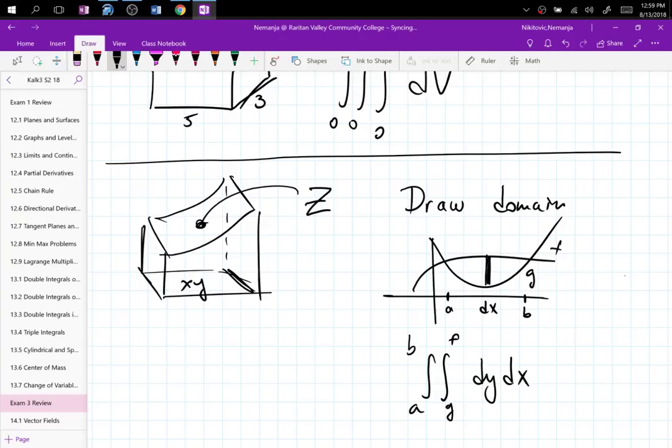So practicing setting up integrals is very important. As I said in class, knowing how to set up these integrals is vastly more important than being able to compute them, because your life depends on setting them up, not computing. Computers will do computing. Your job is to be able to set them up.